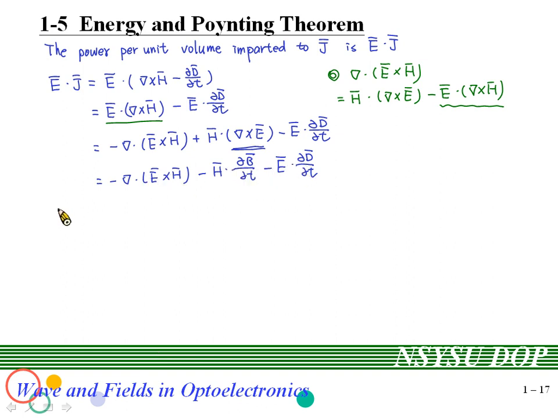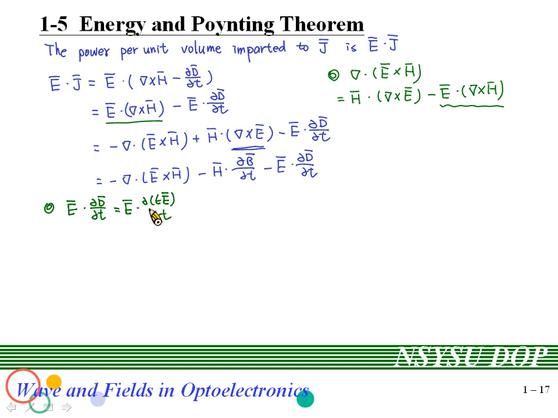So first, let's consider this one, E dot partial D over partial t. As we know, the D field can be expressed as epsilon E, like this.